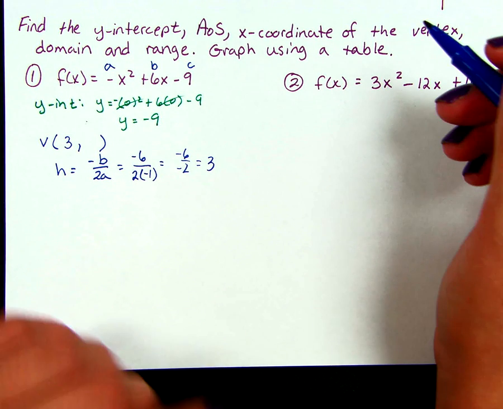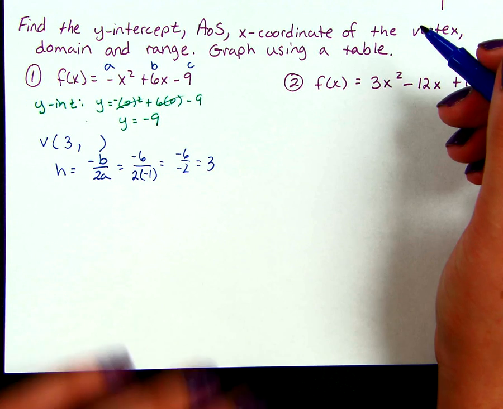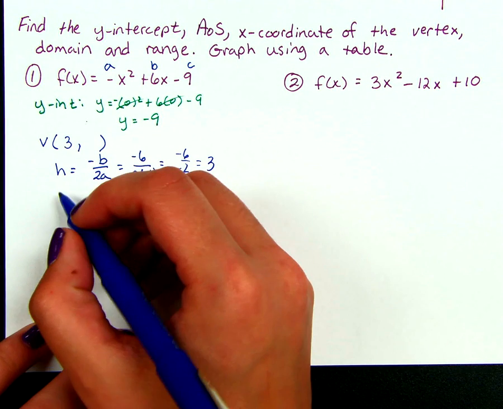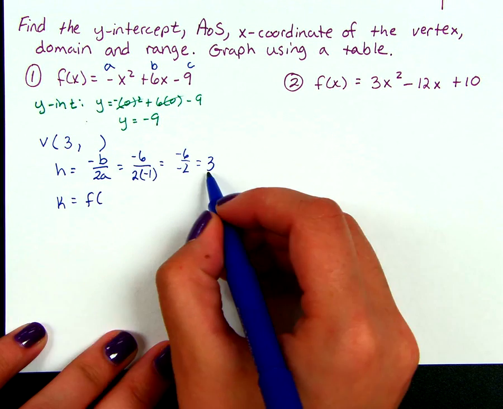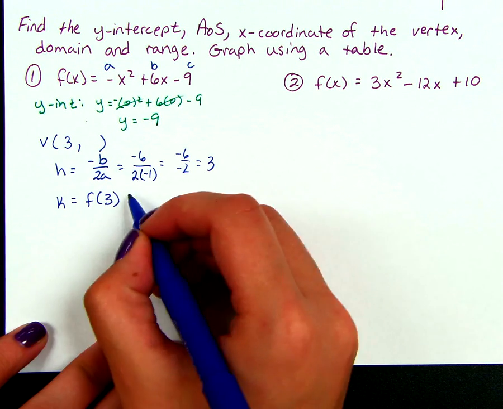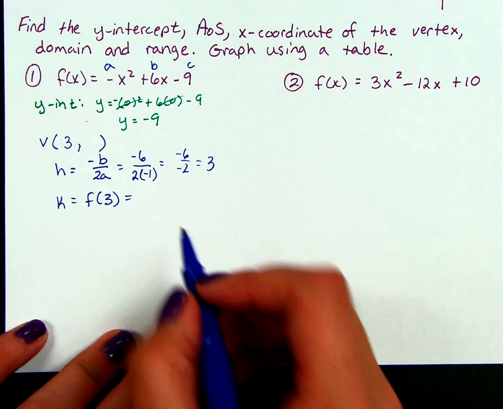And then since we know that we're going to be graphing, we might as well find our k value right away. So to find k, we are evaluating f of 3. That means I'm going to substitute 3 into all the x's and then simplify.